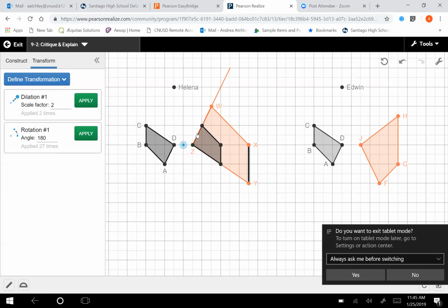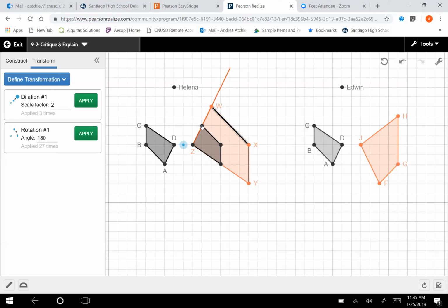Apply. It's taking the whole thing, but you guys get the idea, right? Okay, so that maps it on top.